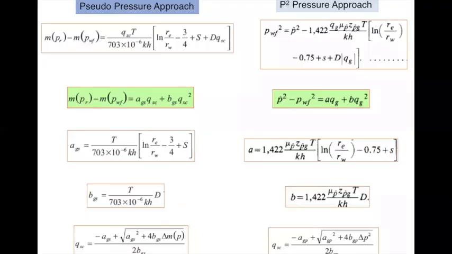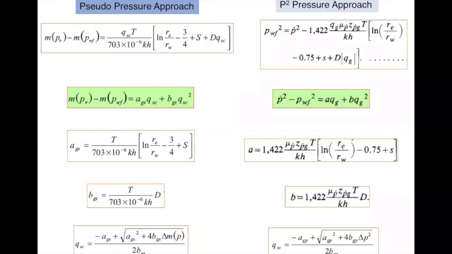As you can see, we have two different kinds of approaches. One is the pseudo pressure approach and one is the P square approach, both shown on the same slide. On the left hand side, you can see the pseudo pressure approach, where the equation written for a gas well is modified in the form of a quadratic equation, right?